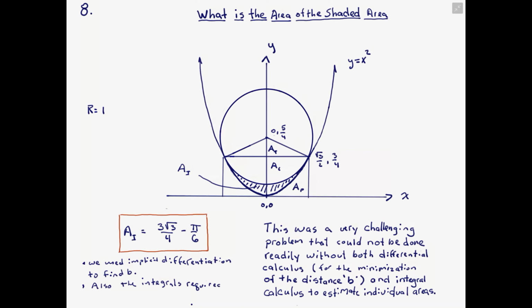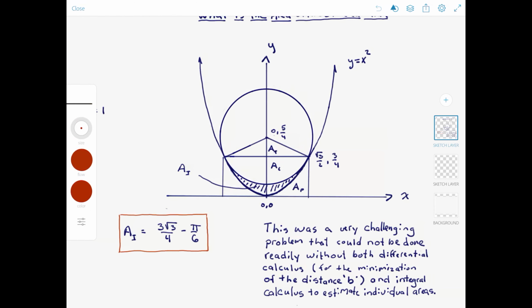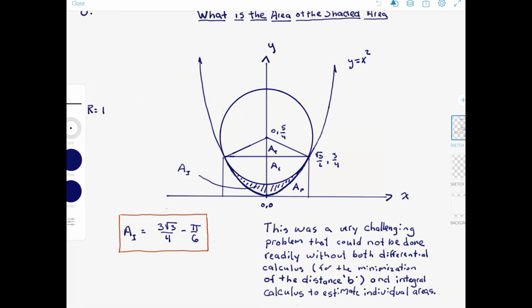And then we have the area below the parabola, which is between the x-axis and the parabola. That's a straightforward integration. And then by difference, once we have the area of the rectangle as a whole, by differences of the different areas, we can evaluate exactly what the area A sub I is.